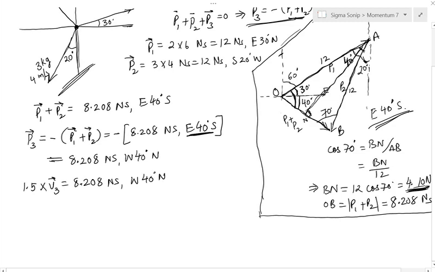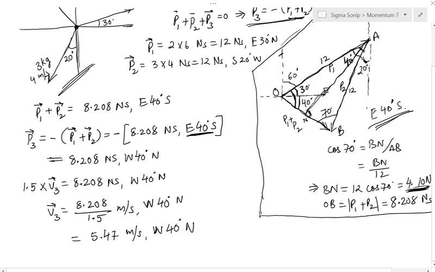Dividing both sides by 1.5, this is my velocity, sorry, not Newton second, this is velocity now, so meters per second, west 40 degrees north. That's the velocity of the third part.